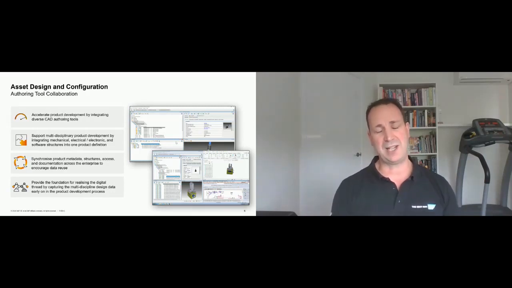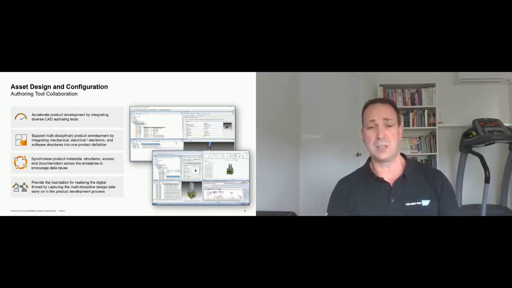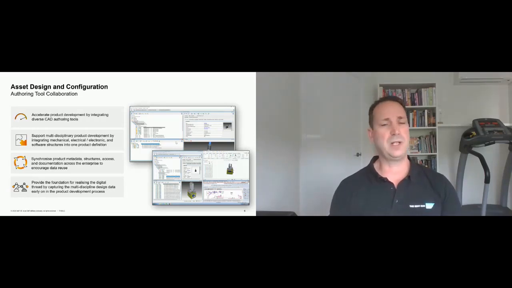And we want to be able to capture the information in those design tools and synchronize that across into our enterprise business processes. So when we're doing the design, we want to be understanding the materials that are involved so that we can then subsequently transfer that across into a procurement example, or into a manufacturing bill of materials, or into a project that is then going to go and construct that asset. And this information really lays the foundation for this digital thread.